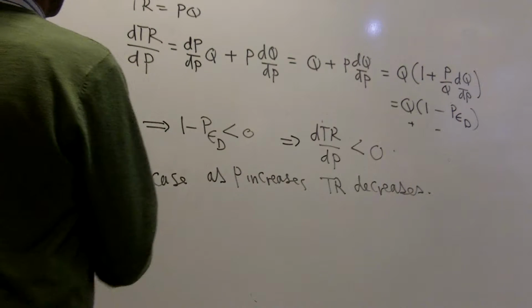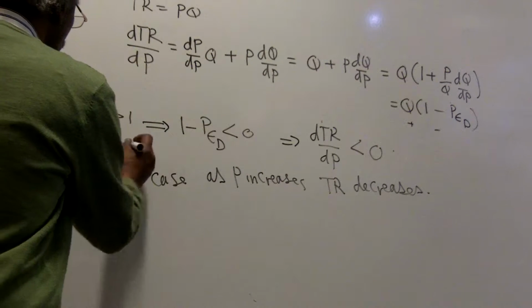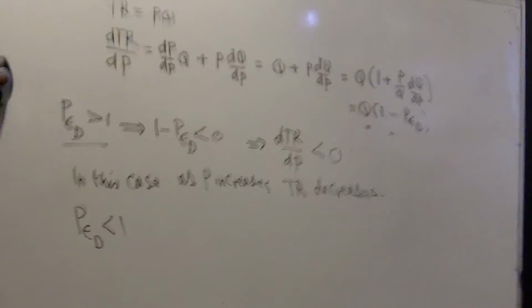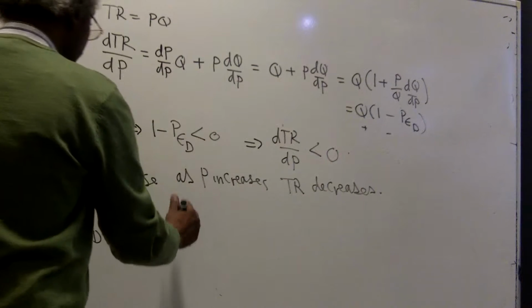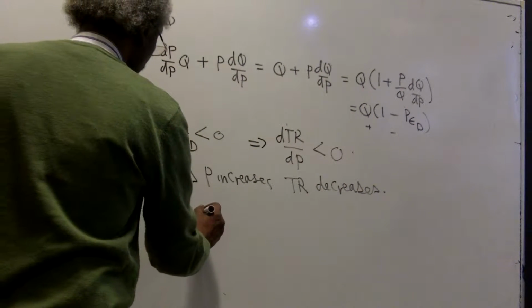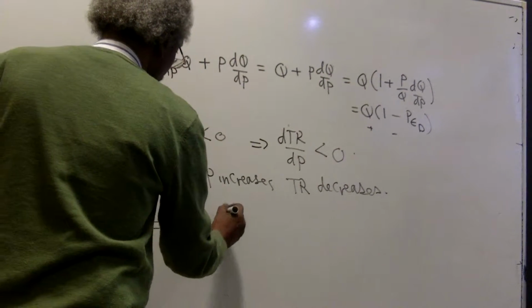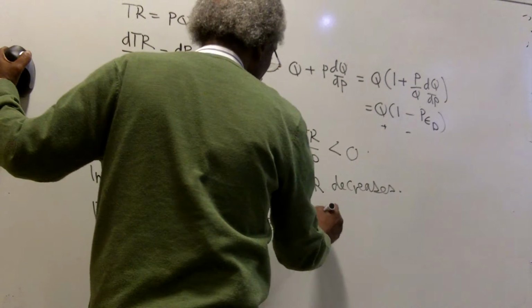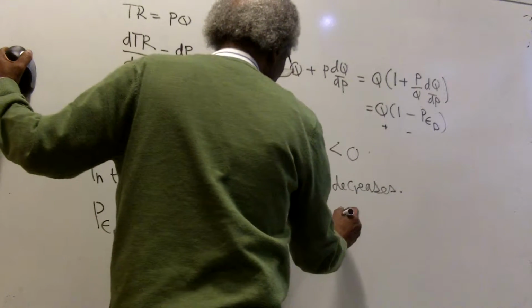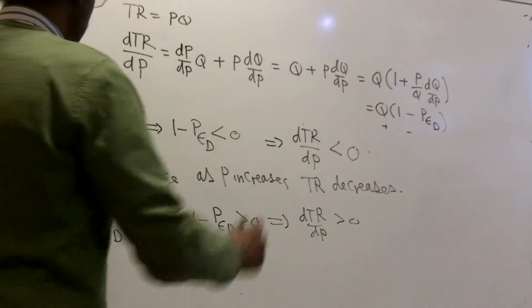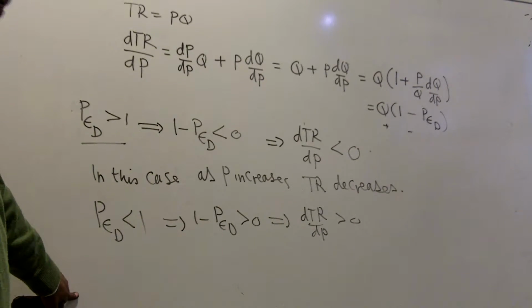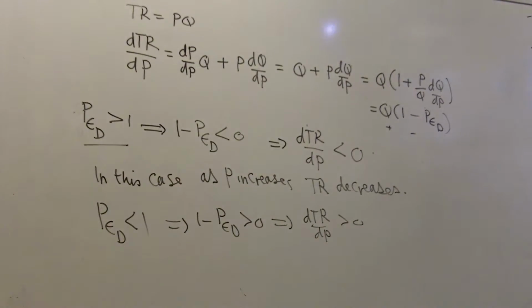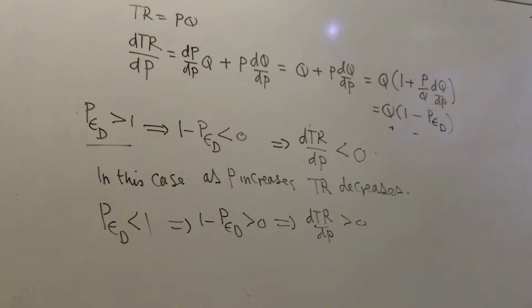And likewise, if you start your argument from the inelastic price situation, then that's going to be positive. Going to be positive. And in the last case, as P increases, total revenue increases when the prices are inelastic.